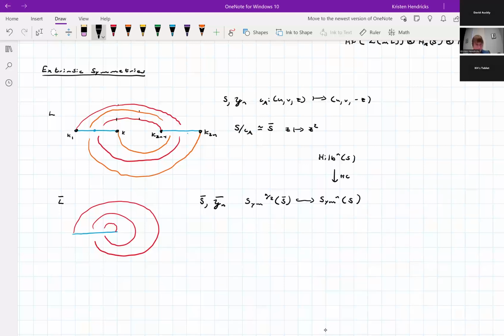How do I do that? Well, anytime I have a list of points in S bar, I just take each of those points to its two lifts in S upstairs. Which is to say, I can just take a point (u, v, z) that occurs in a tuple down here.